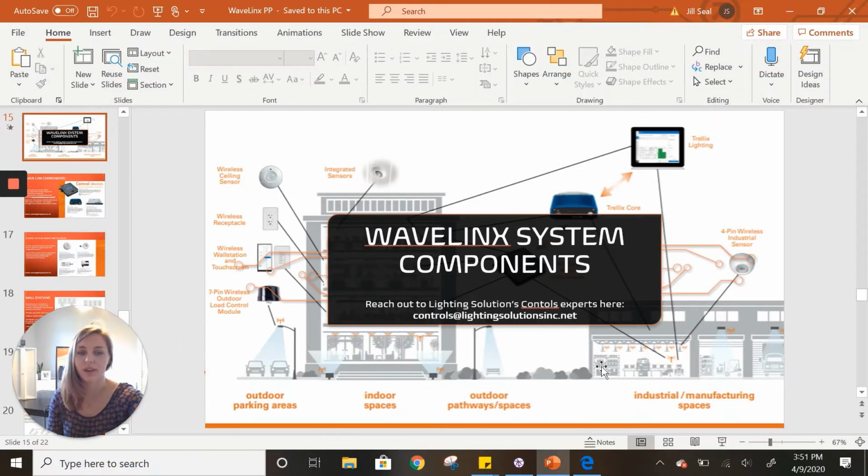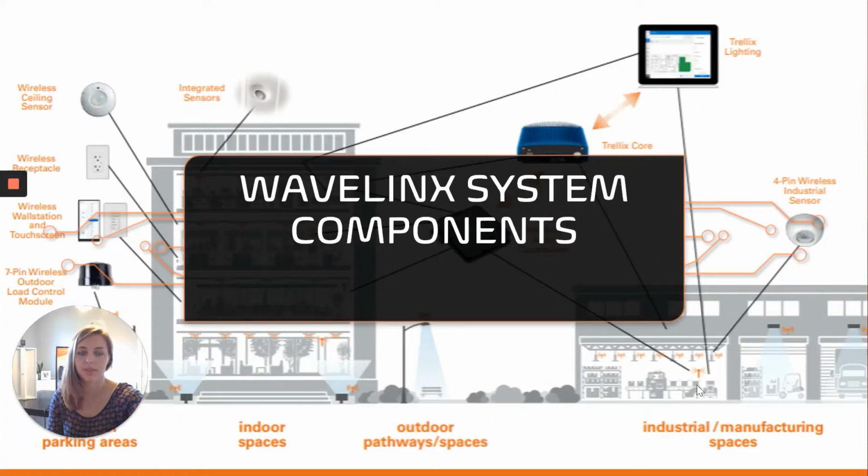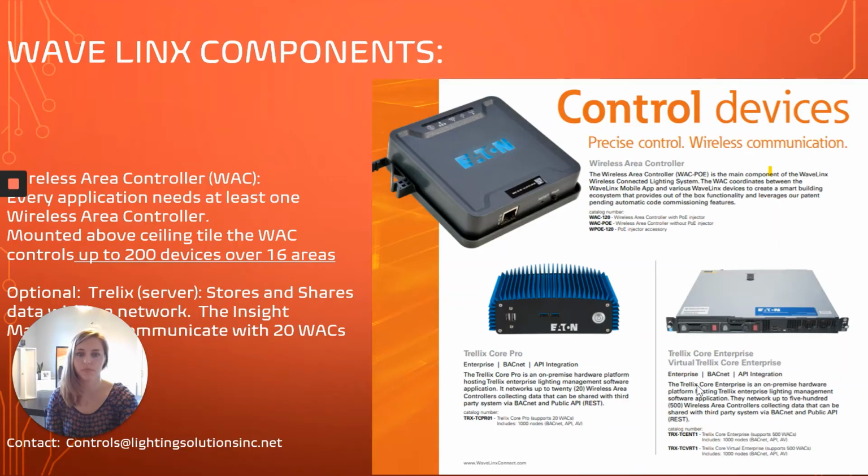Okay, we're going to dive right into components here and what makes up the Wavelengths system. First is the wireless area controller, which I will refer to as the WAC from here on out. The WAC is the brains of the operation, so it is what remembers the settings.